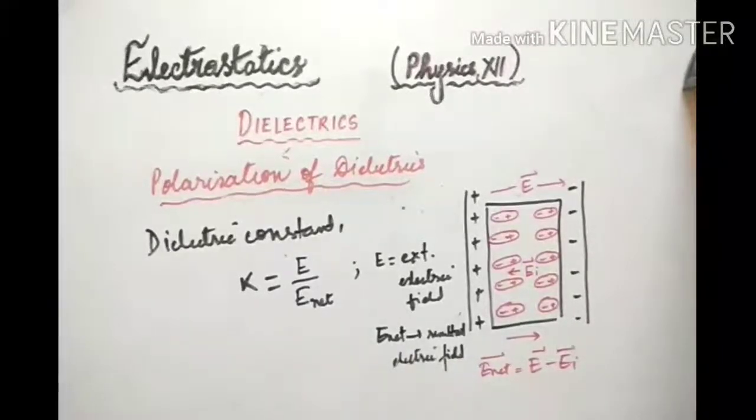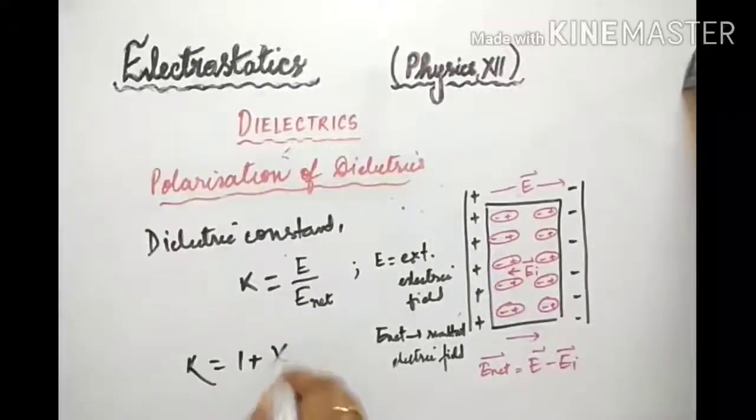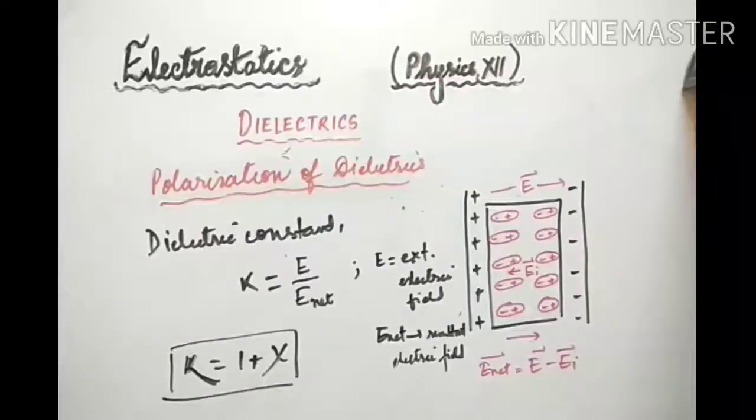So this is how a dielectric constant can be represented, and the relation between chi, or electric susceptibility, and dielectric constant is given by this formula.